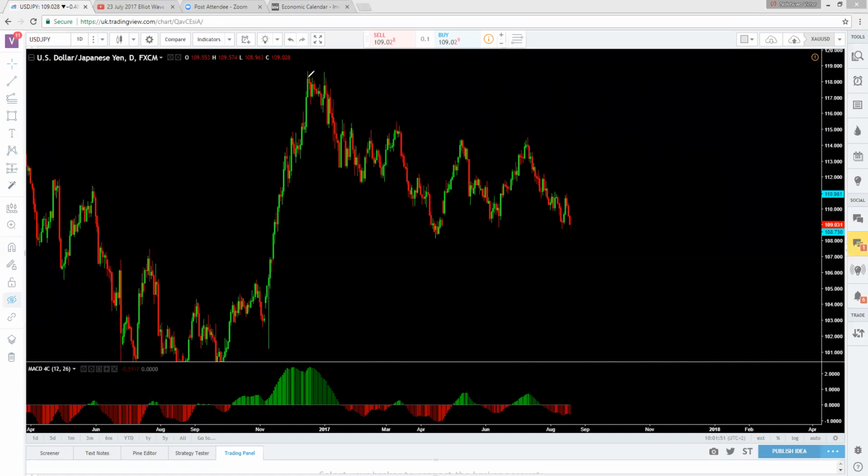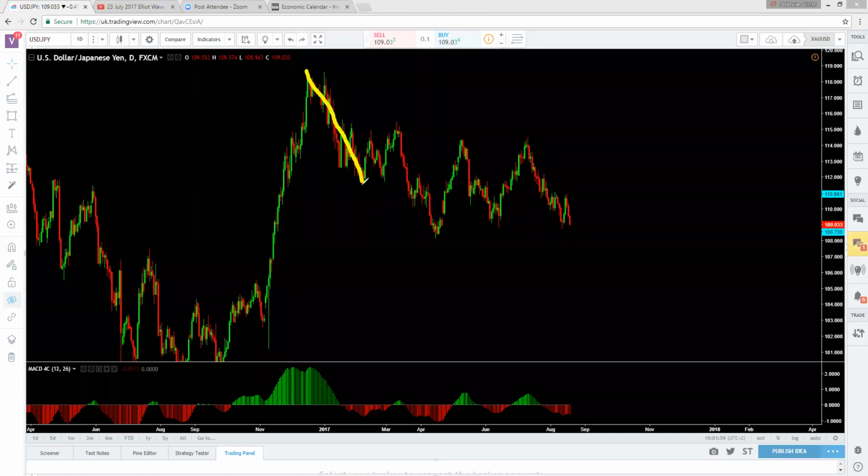If you look at this piece here, you would notice that it made sort of an impulse move to the downside and it was corrected like this. So this is a flat correction. It does not break the top and it ends about the area of wave A. So you will call this A, B, C, and we'll call this a regular flat.